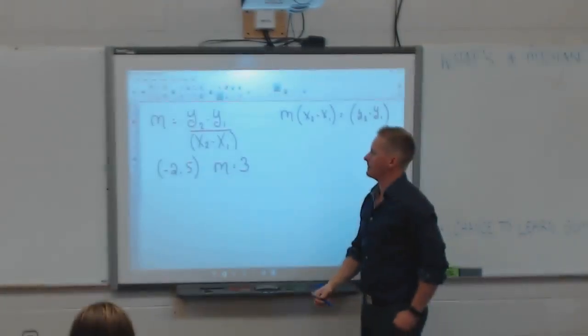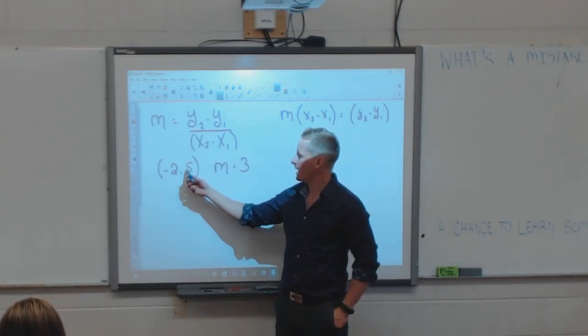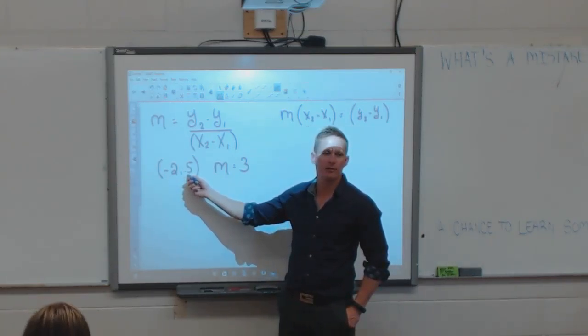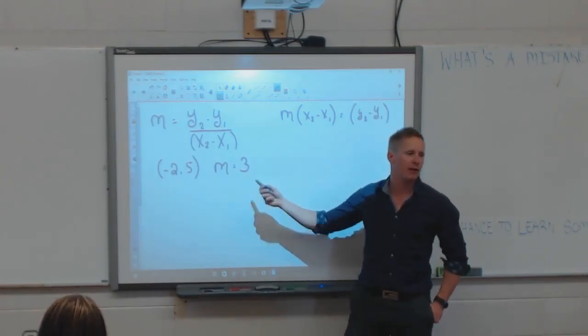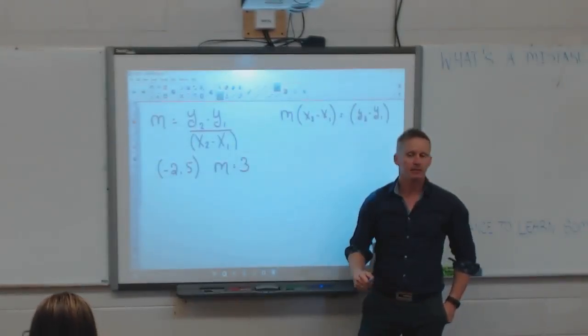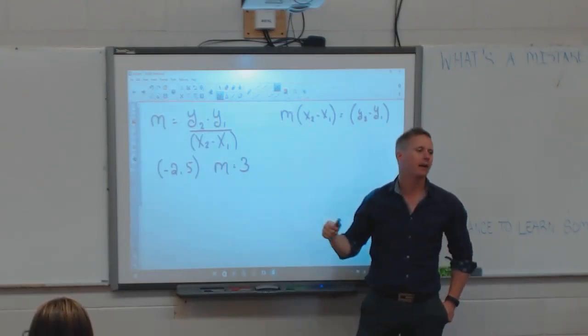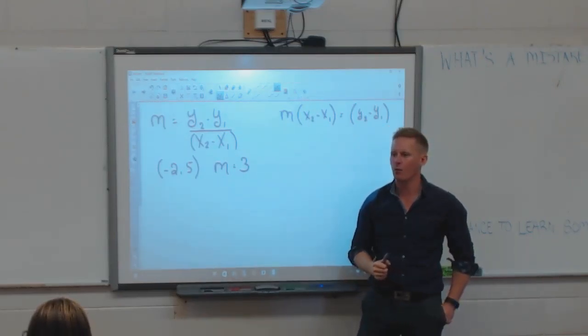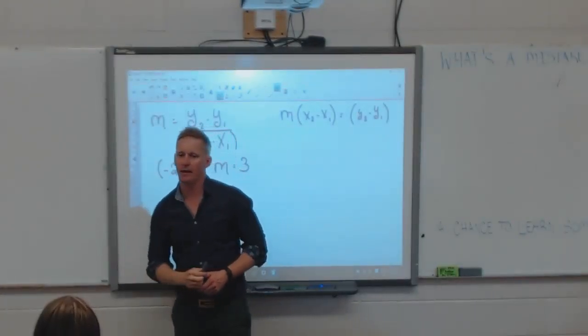So what that means is that when I find my equation of this graph, I know that the line is going to go through this coordinate, and to get to any other coordinate, I'm going to use this as my ratio, my slope, my map. 3 up, 1 right, 3 up, 1 right, 3 up, 1 right, and I'll just continue to get as many coordinates as I want. But what I want is the equation of this graph, of this line.